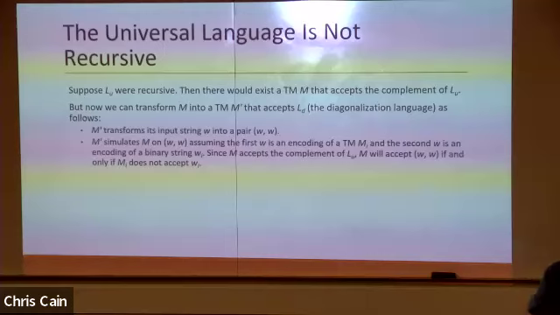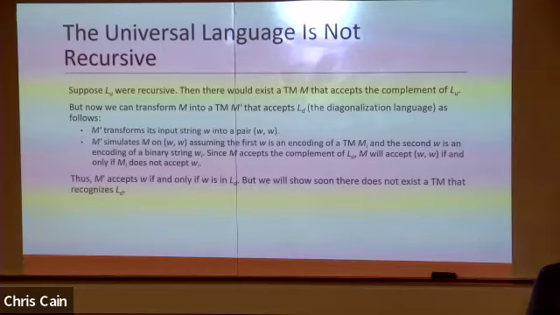As we simulate M on WW, we assume the first W is an encoding of some Turing machine M sub I. The second W is an encoding of the binary string W sub I. Since we now accept the complement of that universal language, M will accept WW if and only if M sub I does not accept W sub I. Which means M prime accepts W if and only if W is in the diagonalization language.